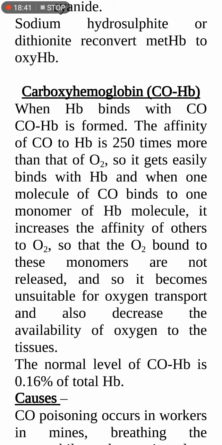And when one molecule of carbon monoxide binds to one monomer of the hemoglobin molecule, it increases the affinity for the other oxygen, so that the oxygen bound to this monomer is not released, and so it becomes unsuitable for oxygen transport and also decreases the availability of oxygen to the tissue.